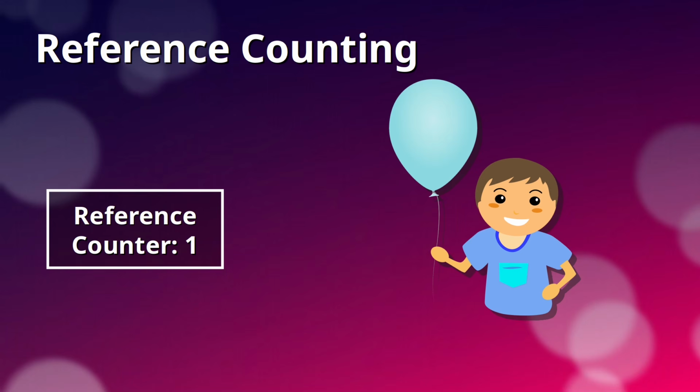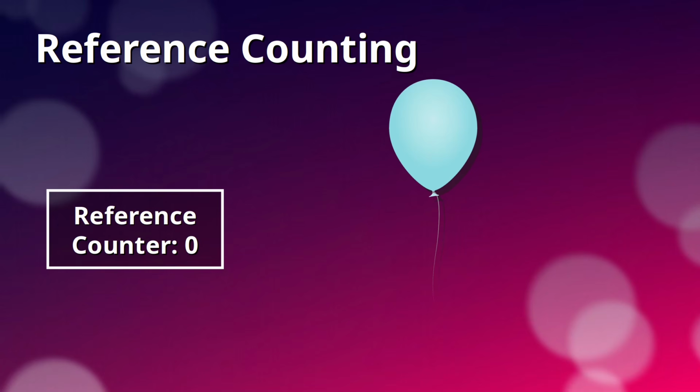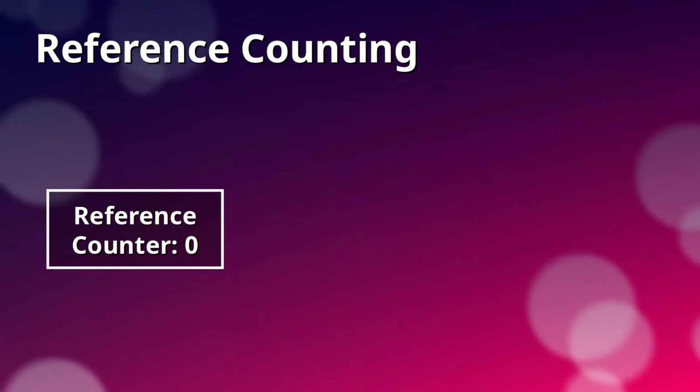And the interesting bit is what happens when the boy lets go, right? Both of them decided that they no longer need the balloon, so when the reference counter reaches 0, the balloon flies away, representing that this object can be deleted from the memory because it's no longer needed. So that's how reference counting works. Whenever the counter reaches 0, we know that it's safe to delete that object from the memory because there isn't anyone depending on it anymore.